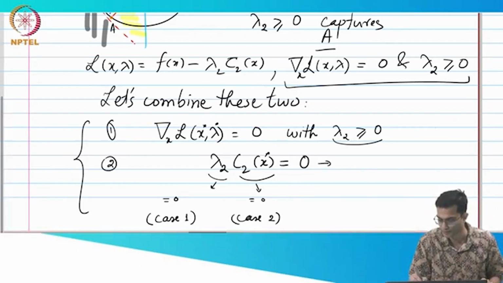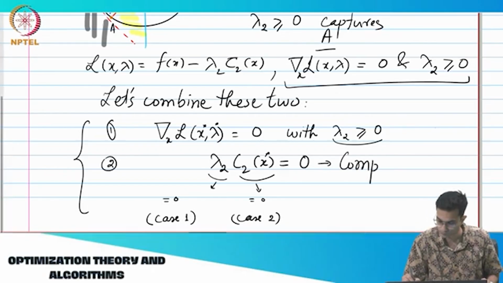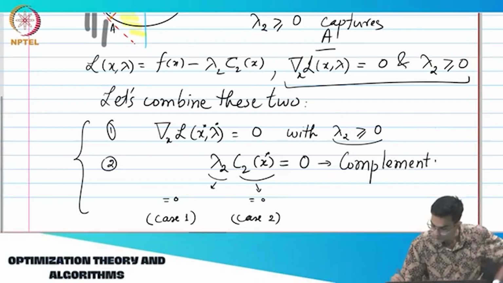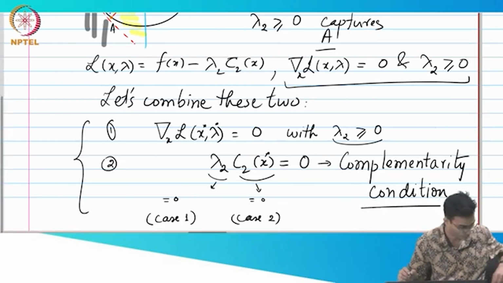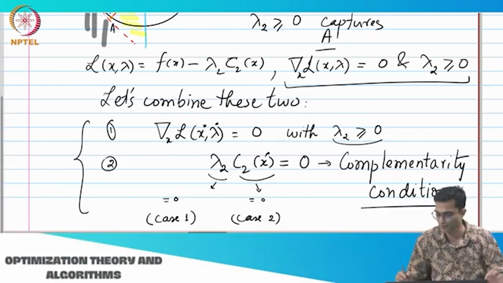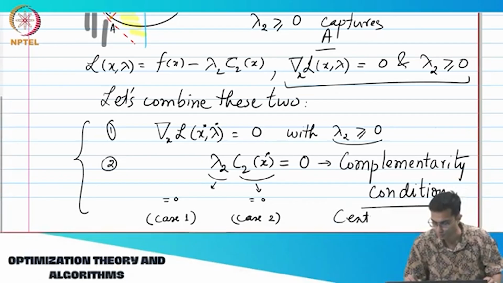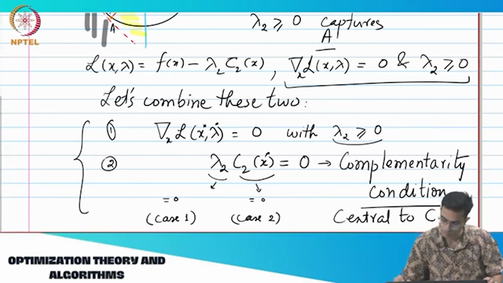It's called the complementary condition. Complementarity. Okay, it's very, very central to constraint optimization.